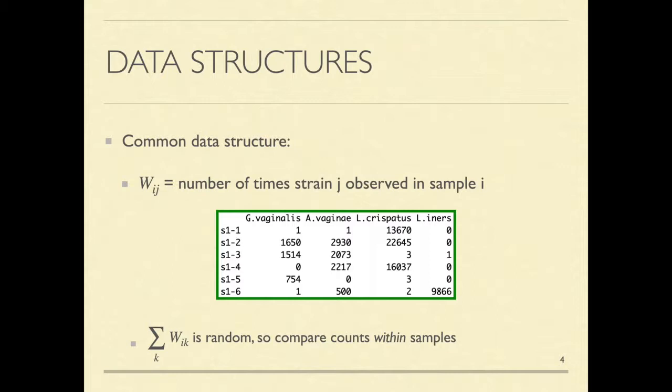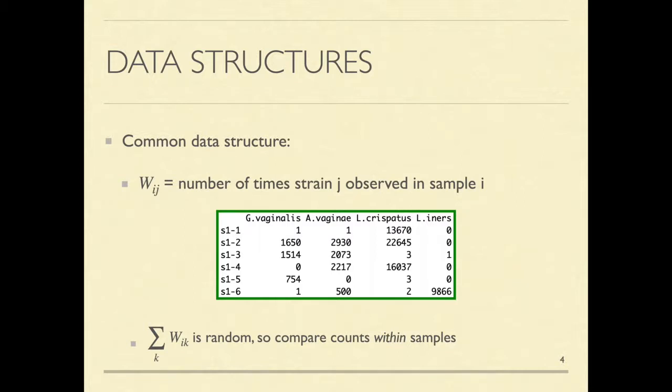And if you're familiar with microbiome data, with different technologies, we might have slight variance on a table like this. We might be looking at coverage, so average number of reads recruited across the genome of a bacterium. But for the purposes of this talk, I'm going to be focusing on count tables like this.